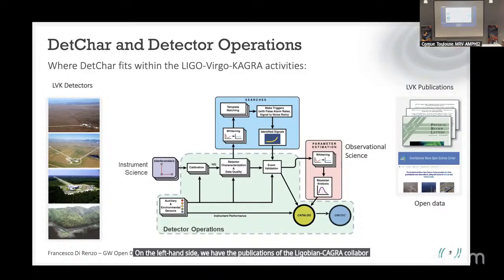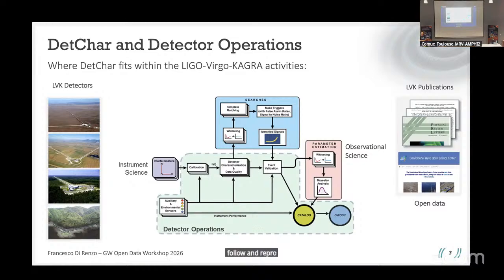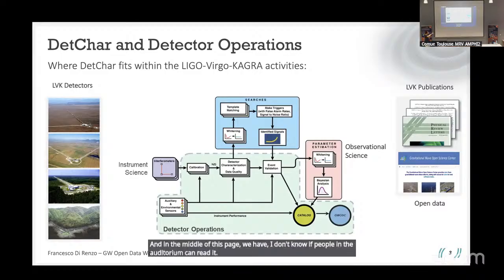And equally important, we have the open data, which of course is important, not just because it is the subject of this workshop, but because it allows the entire scientific community to follow and reproduce our scientific results. And in the middle of this map, we have detector characterization.